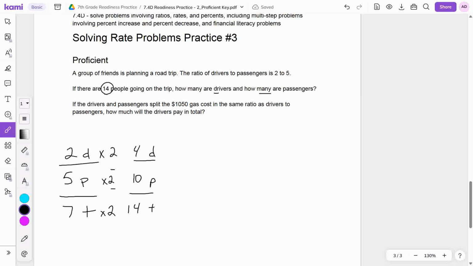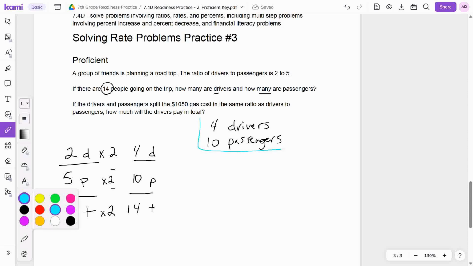And let's see if that works. 4/10 reduces down to 2/5. There's 14 people, so we've got 4 drivers and 10 passengers.